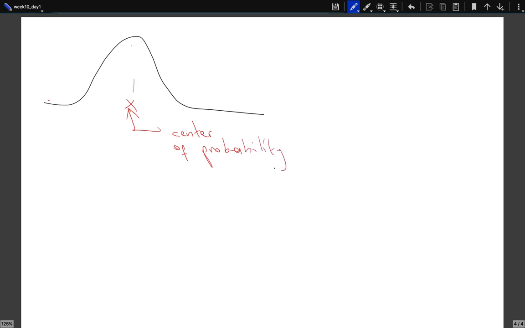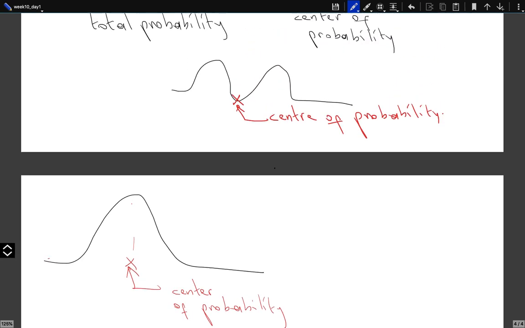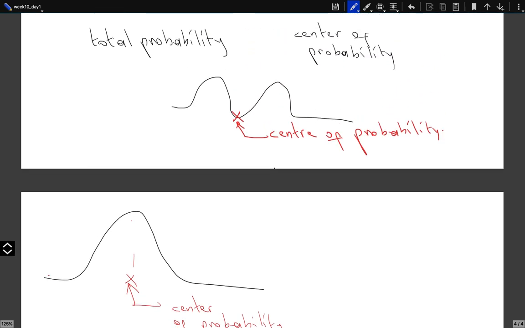It just tells me that your wave function doesn't look like this one, but mainly looks like this one. So if I make many different measurements, they will all be localized around this value with some very small spread.